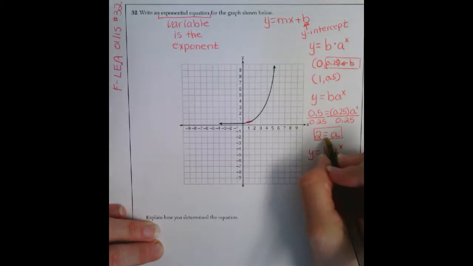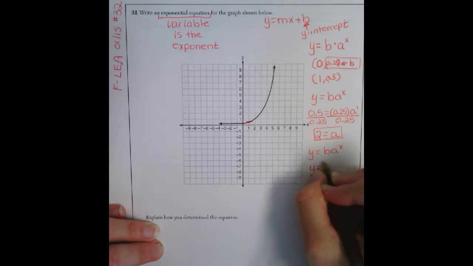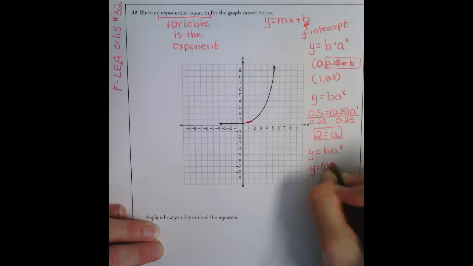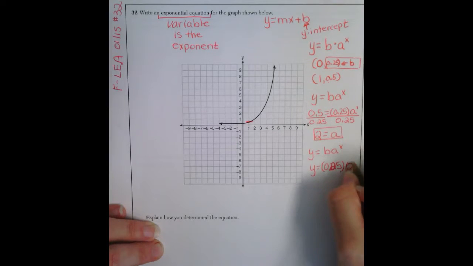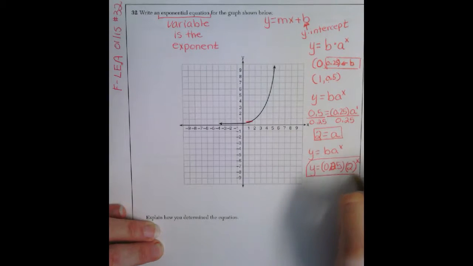But this time, I'm going to put in these values. So I have y equals 0.25, that's my b, times my a, which is 2, and then the x. And that's my final answer.